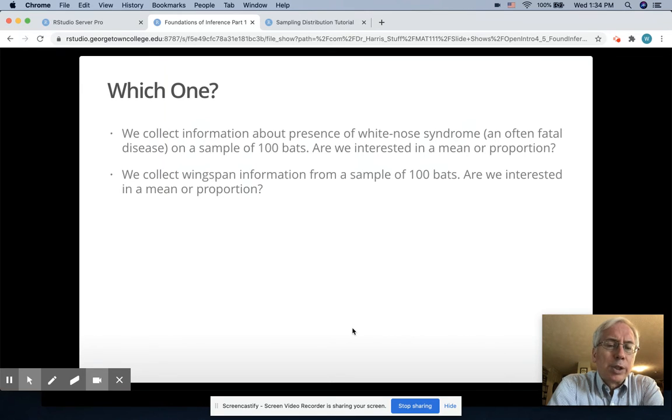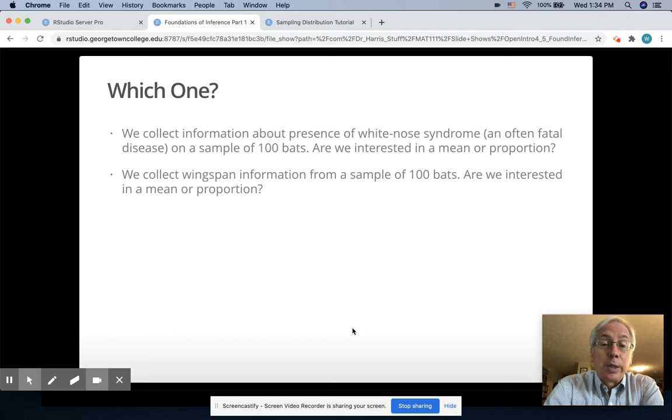In the first question, we're asking, do they have the disease or not? Yes means they have the disease, no means they don't. So we're collecting categorical data from the bats in this instance. Do they or do they not have the disease? In this case, we're interested in the proportion of bats that have white nose syndrome.